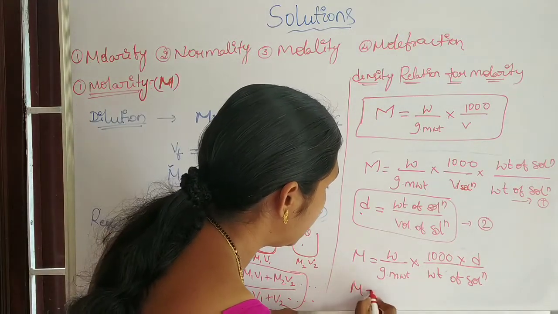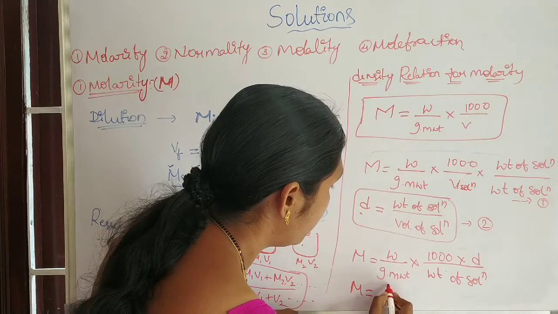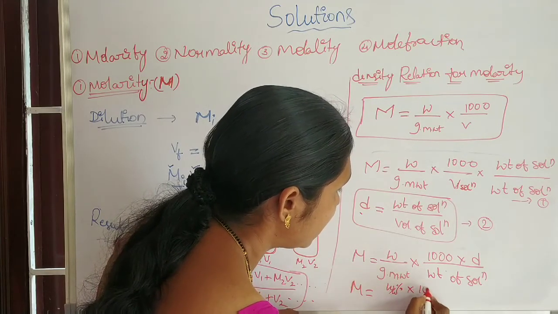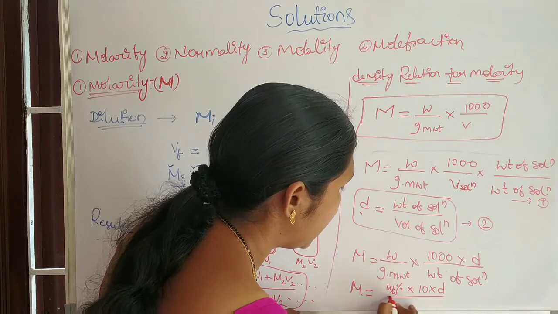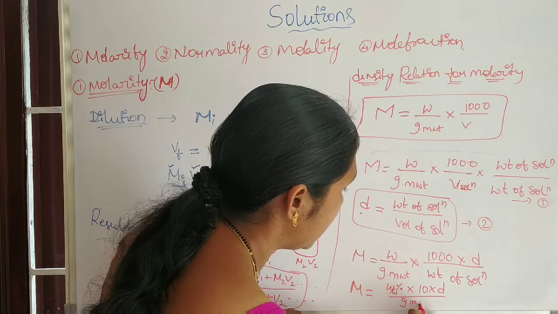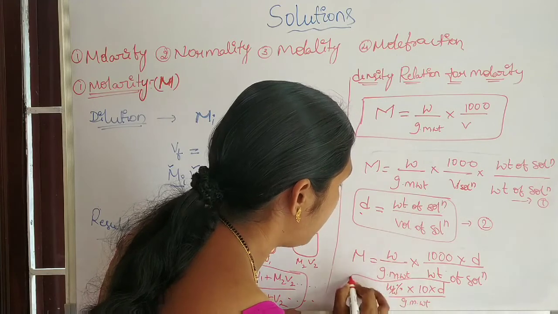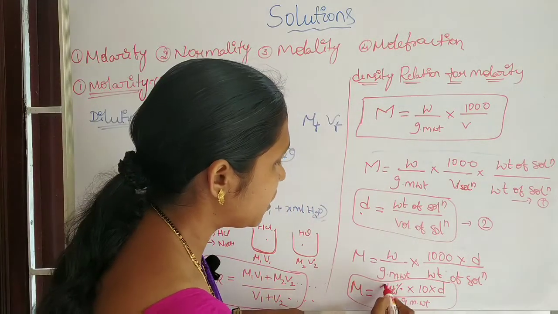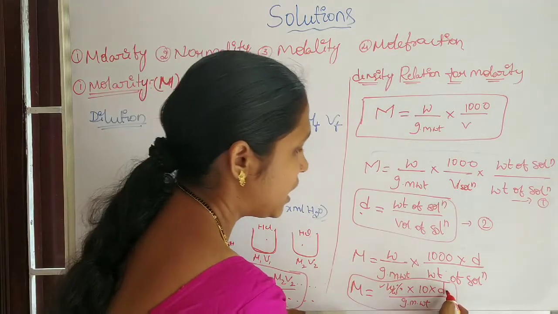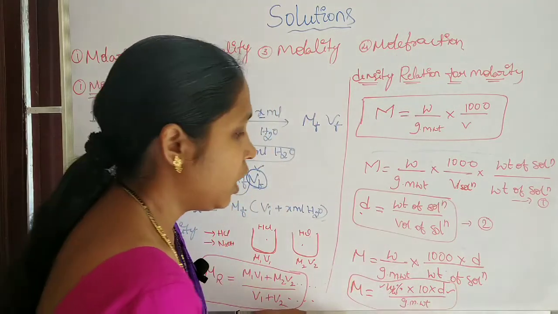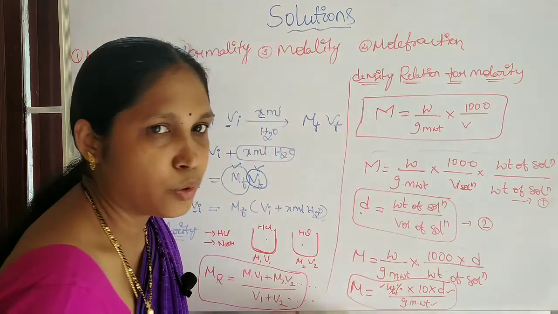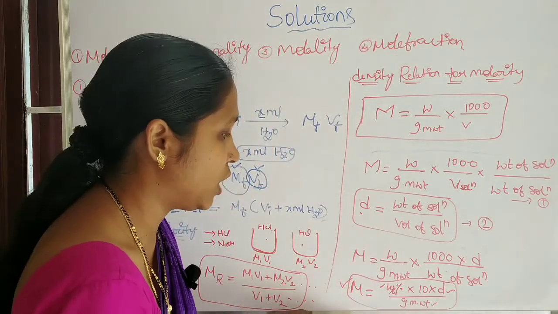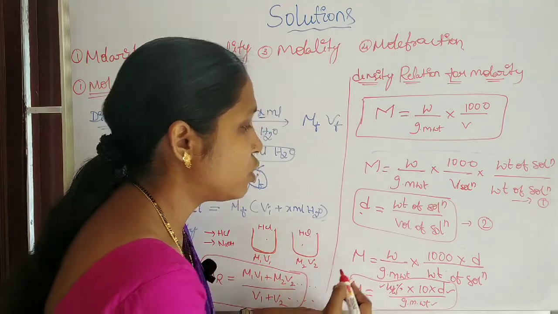So molarity is equal to weight percentage into 10 into D divided by gram molecular weight. That means if you know the weight percentage of the solution, the density of the solution and the gram molecular weight of the solute, you can calculate the molarity, the concentration of the solution.